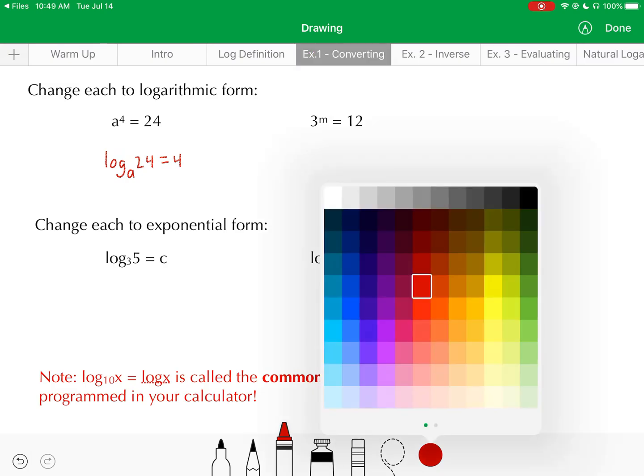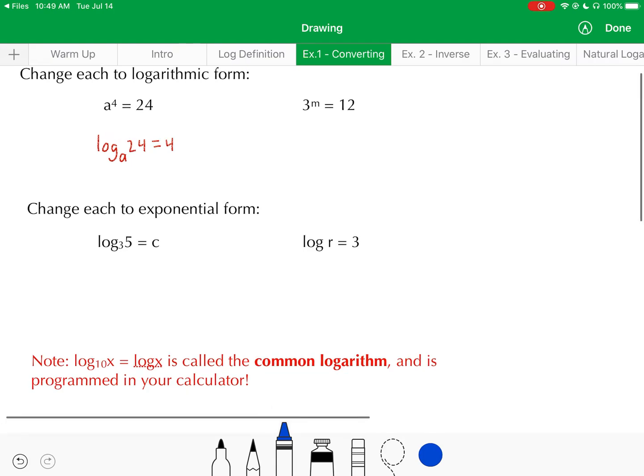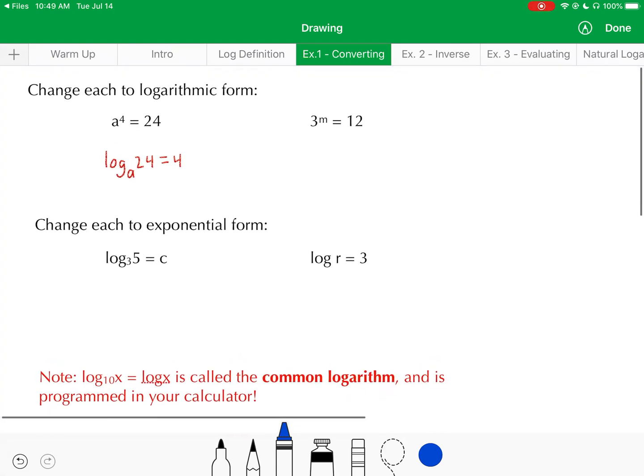And kind of to give you a visual on being able to convert here, what I've found helpful is I always start with the base, and I take the logarithm to that base of this number 24, and then I equal it to the exponent. So there's kind of like this circular rotation going on when you convert to logarithmic form.